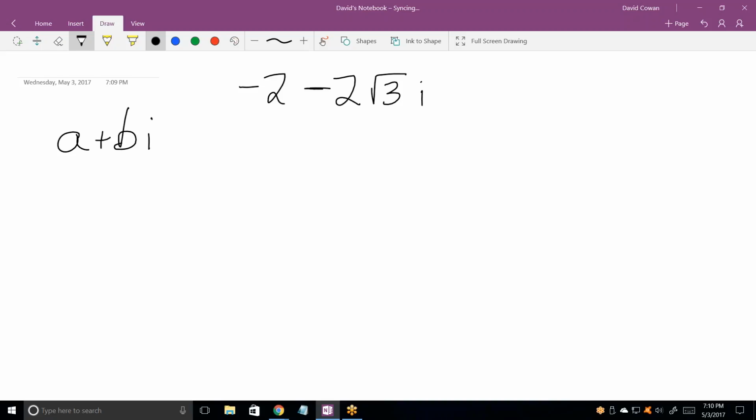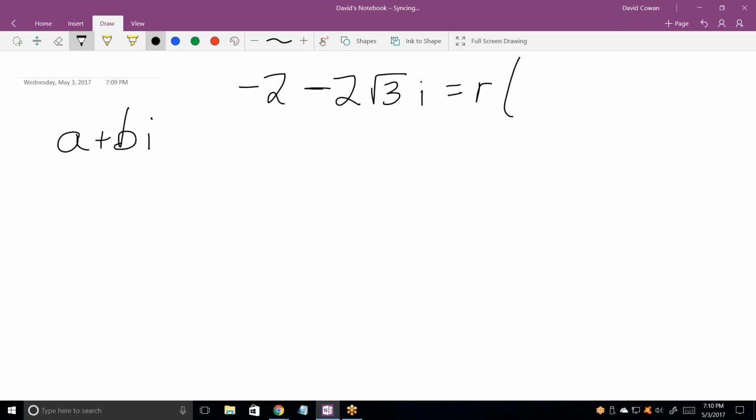With me? Okay. So in polar, the trigonometric polar form is r. I have to look this up. I don't want to give you something that isn't correct.